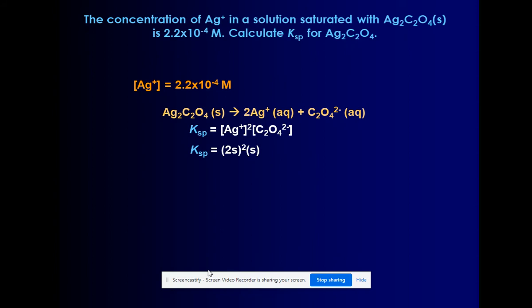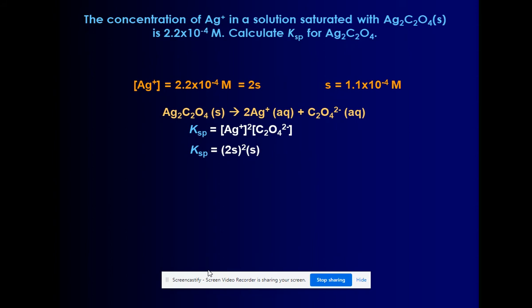When we go through and do this mathematically, we get that S is 1.1 times 10 to the negative 4th. Again, because silver is in a 2-to-1 ratio with the silver oxalate compound, the concentration of silver that's dissolved is twice the amount of the silver oxalate that was able to be dissolved. So S would just be the 1.1 times 10 to the negative 4th.